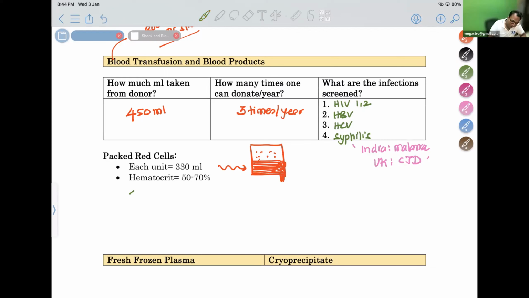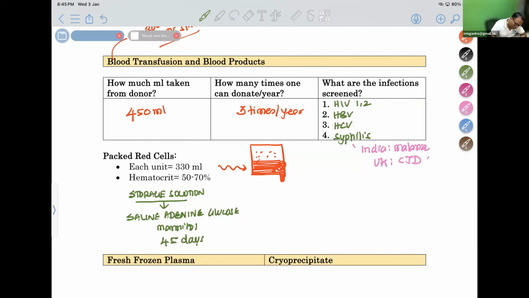And what is the storage solution in this? Because we cannot store the blood as such, we need a storage solution. The latest solution used is saline, adenine, glucose, mannitol. The old solution, citrate, phosphate, dextrose, is no more used; you can leave it.